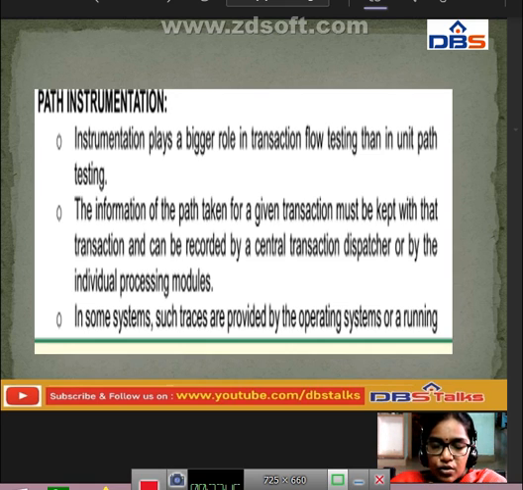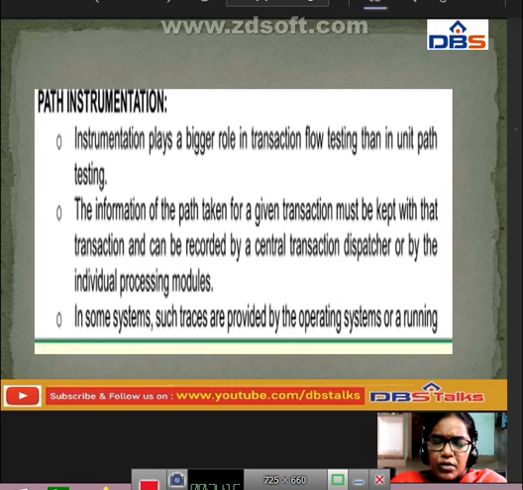So basically two things. Here both are going to exchange their properties, and the information of that particular path and the transaction, and these transactions can be recommended.